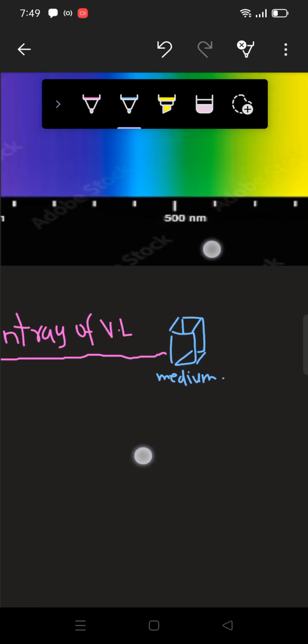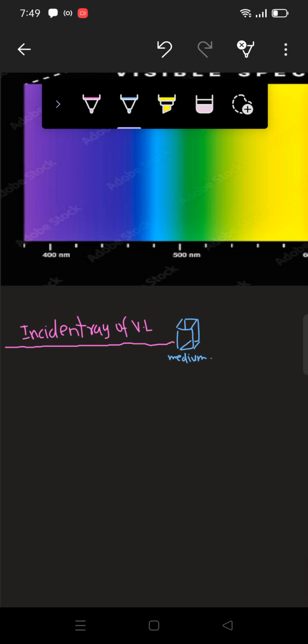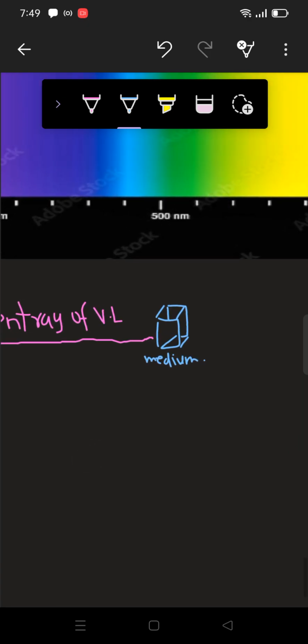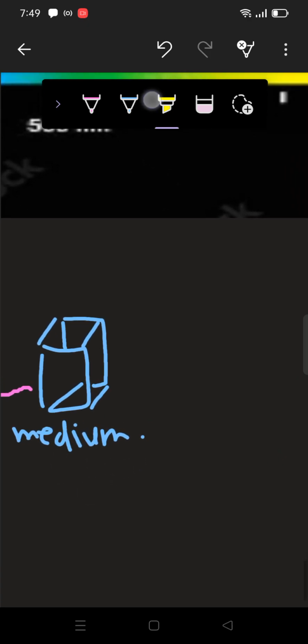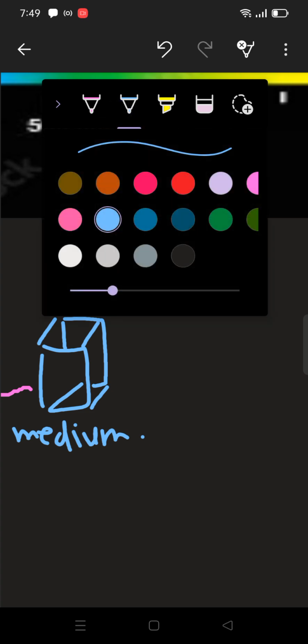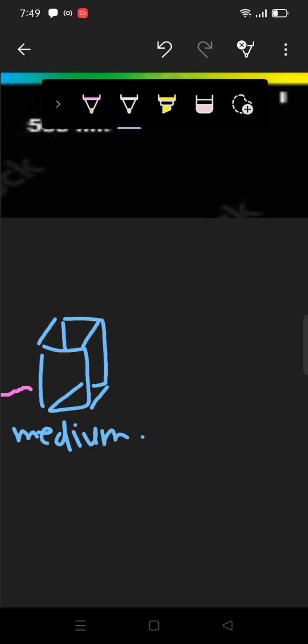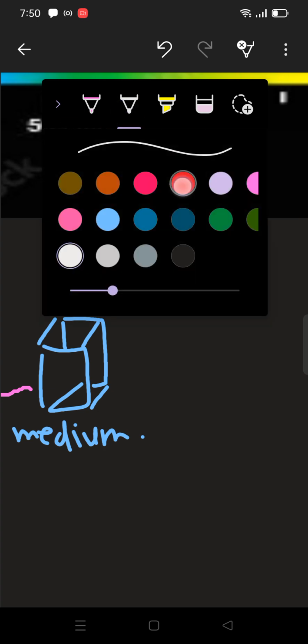When the incident ray of visible light passes through this medium, it will divide or break or split into its constituent 7 colors, right? We know that visible light is made up of 7 colors.